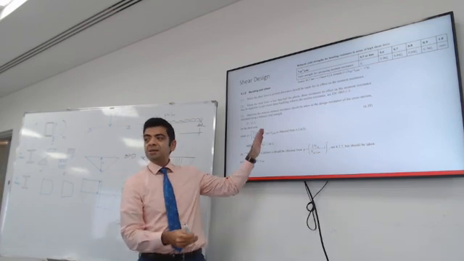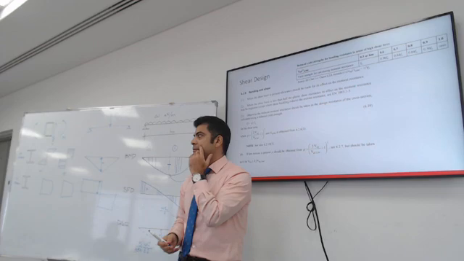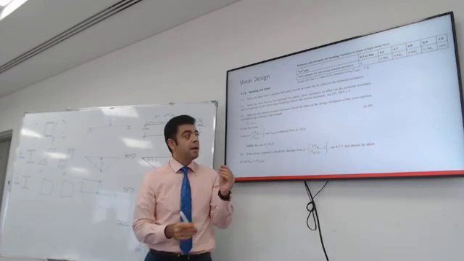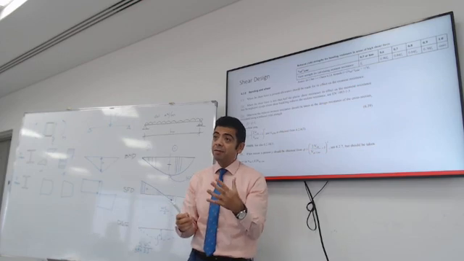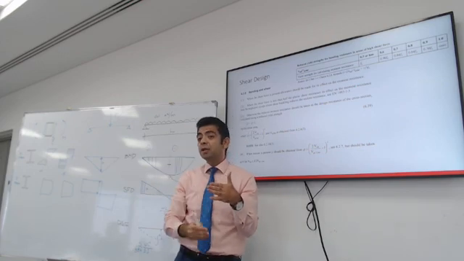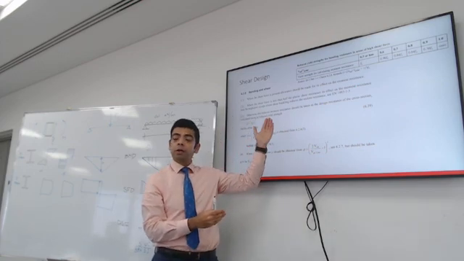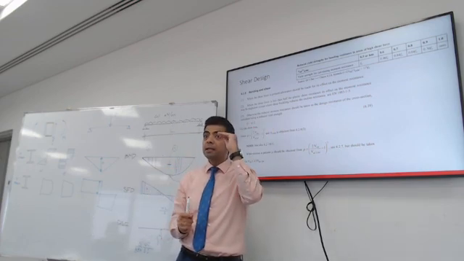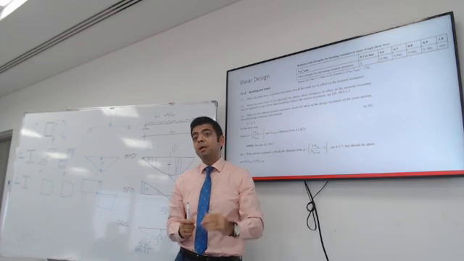And what the code says is, if you have the shear force higher than half the plastic shear capacity from the earlier equation, you have to reduce the yield stress for the beam.